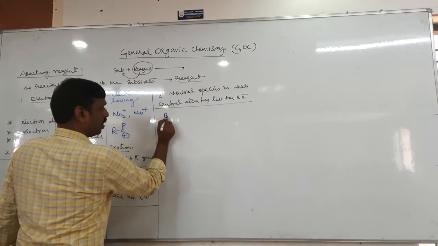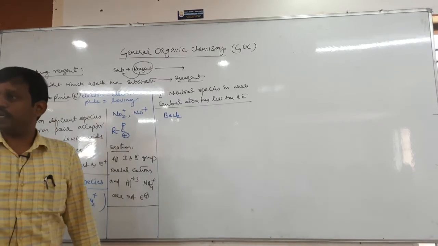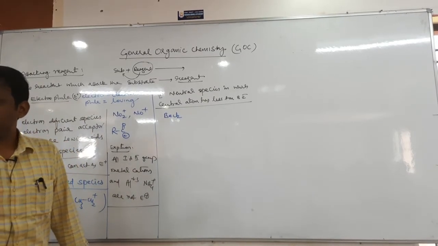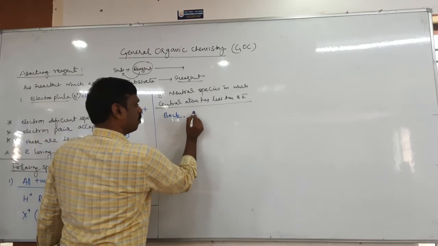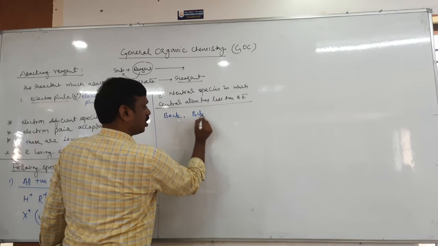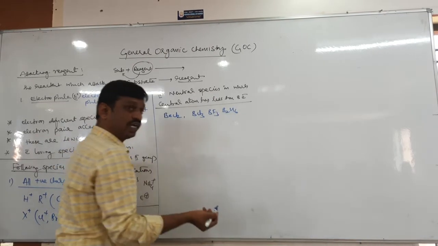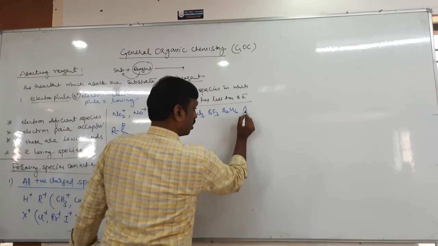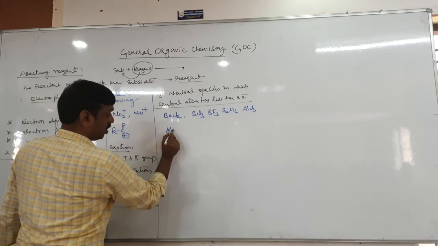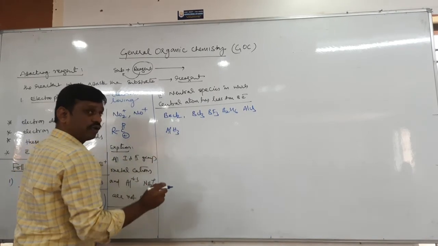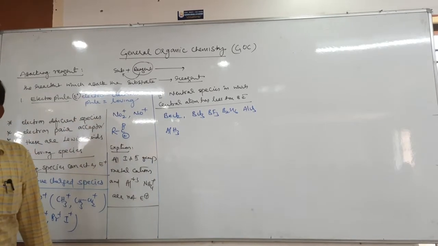For example, beryllium chloride. Remember, beryllium halide, beryllium chloride, both are electrophiles. That is in the second group. In the 13th group, boron halides BCl3, BF3, B2H6, boron hydrides, even aluminium AlCl3, then aluminium hydride AlH3. So therefore, all boron and aluminium compounds are electrophiles.